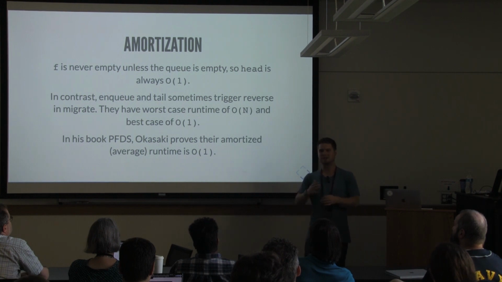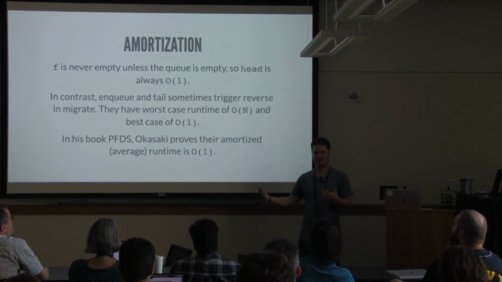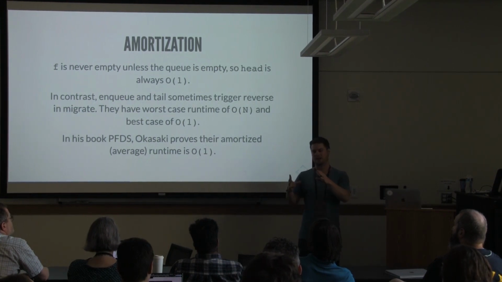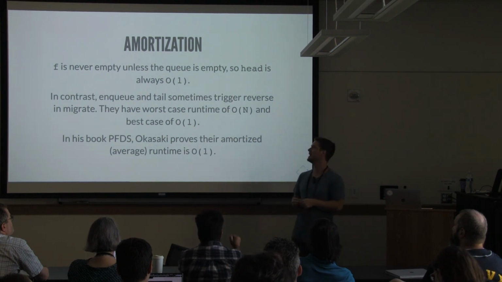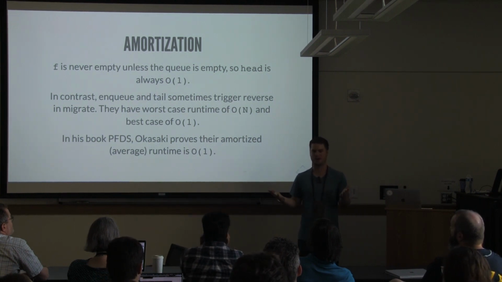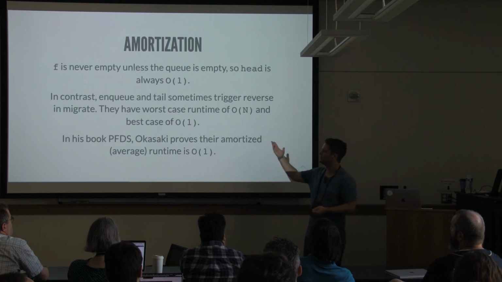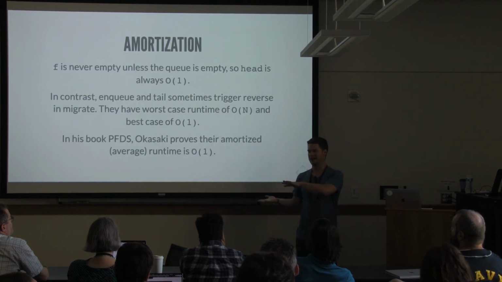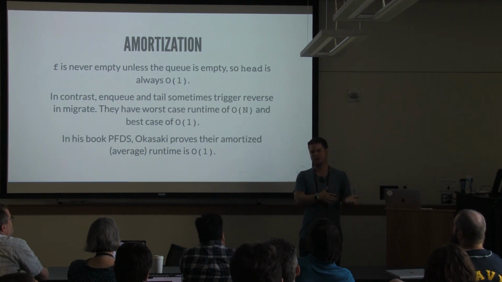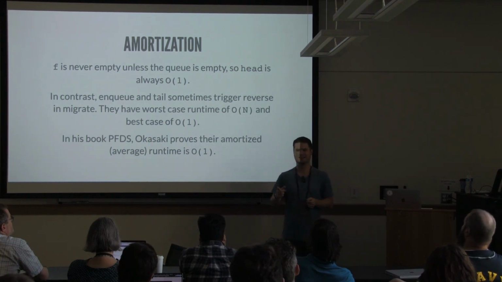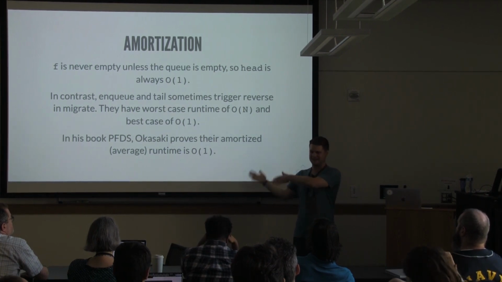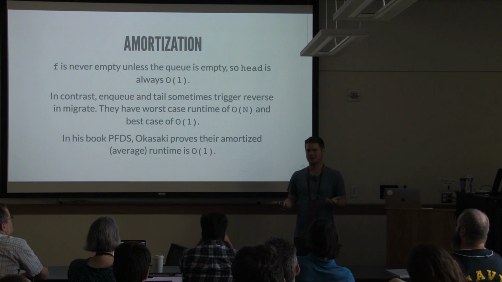Basically, sometimes an operation might take longer than your expected O(1) time, but if you can show that happens a small enough percentage of the time to not affect the overall runtime, you can still say the whole operation is O(1). Even if periodically, for example, we have to trigger that migrate, which will be O(N), reversing to the front, you can show that will only happen every N elements, and then it takes N, so it effectively still ends up being O(1).